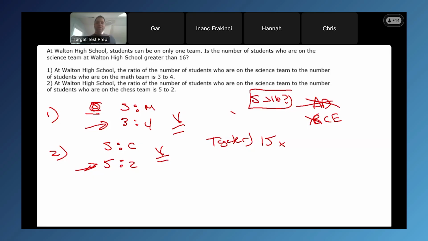So can we say without the shadow of a doubt that the number of students on the science team is greater than 16? We can't, because there could be 15. That would be an answer of no. There could be 30. That would be an answer of yes. So hopefully that makes pretty good sense to everybody. All right, cool. So the answer is E.